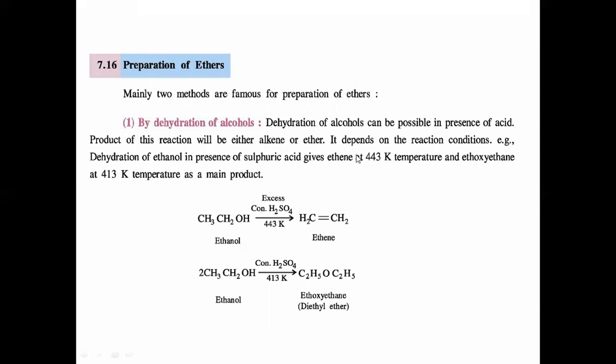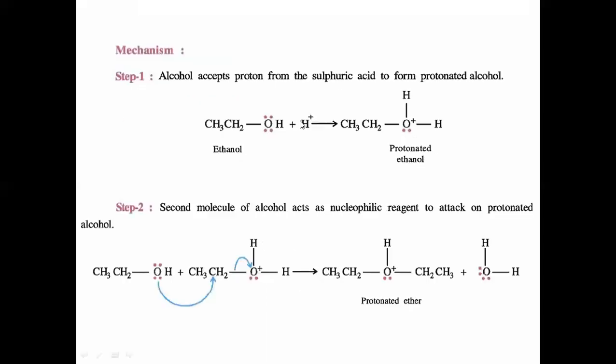The dehydration of alcohol is possible in the presence of acid. The product will be either alkene or ether, depending on the reaction condition. For example, dehydration of ethanol in the presence of sulfuric acid gives ethene at 443 Kelvin and ethoxyethane at 413 Kelvin as the main product.